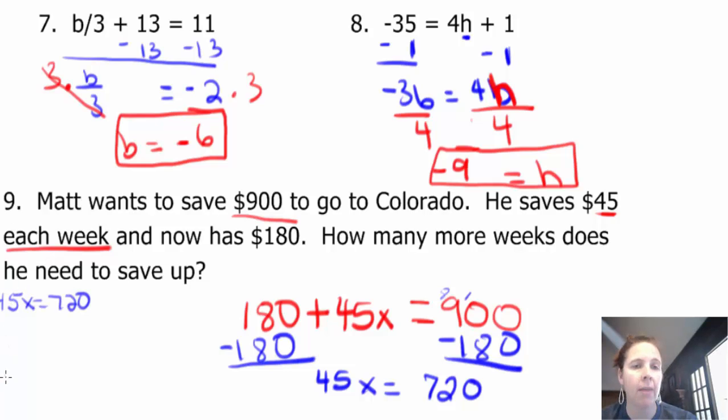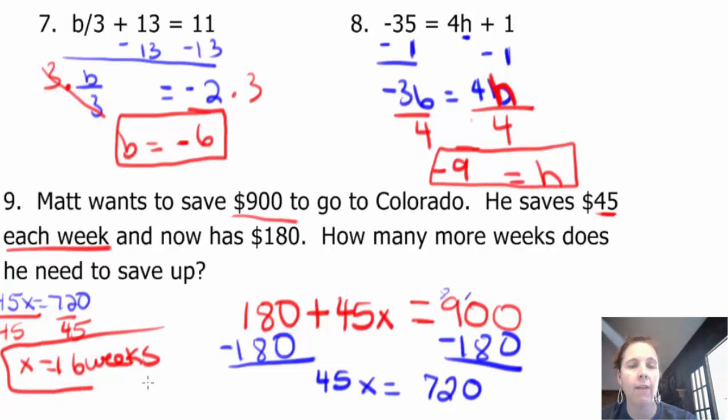So then we're going to divide by the 45. Again, you can use a calculator, it's fine. You should end up with 16 weeks if my notes are right. Okay, so he needs to save up for 16 more weeks. Again, you might be able to figure this out just by writing stuff out, but you need to be able to come up with that equation because you're going to get tested on it. Okay?